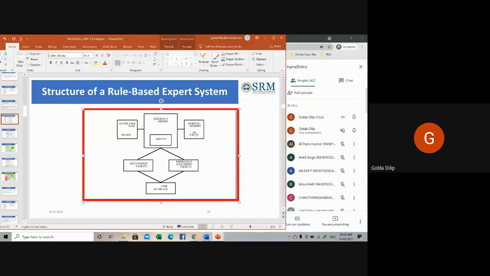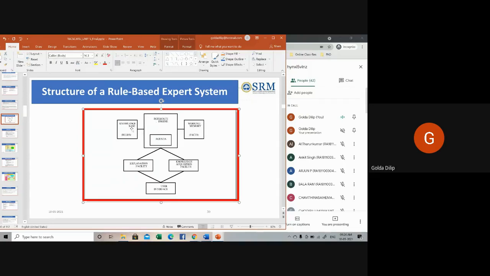In the middle you have what is called the inference engine. The inference engine carries out the reasoning, as a result of which your expert system reaches a particular solution. It links the rules given in the knowledge base with the facts provided in the working memory.